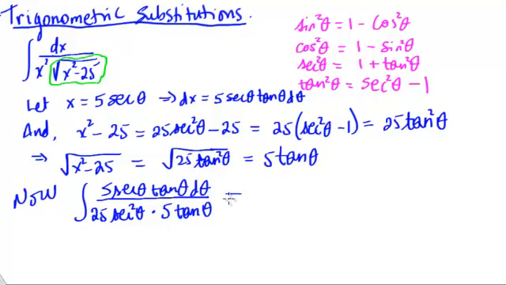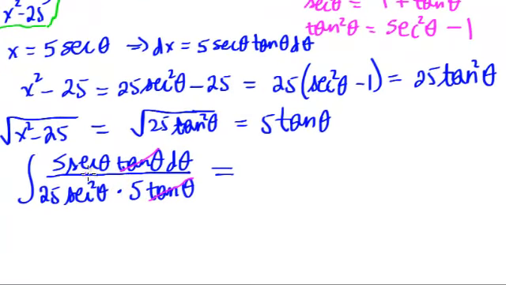That gives us, you cross out tangent theta and cross out one of the secants, and if you cross this 5 out, that gives me 1 over 25.